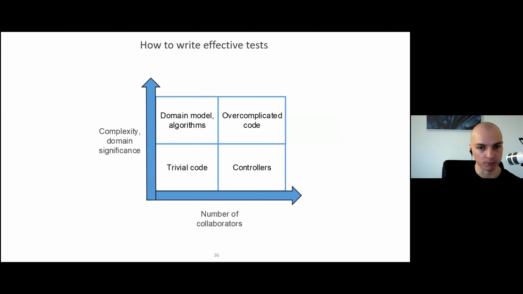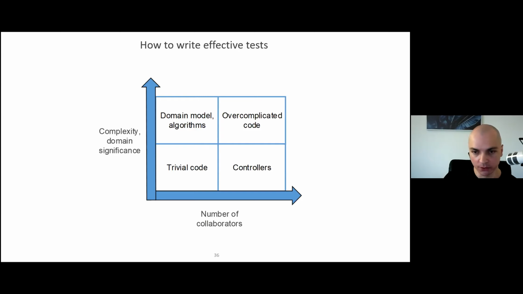They have the most complexity or domain significance, but on the other hand, they have few collaborators. Ideally, they shouldn't have those collaborators at all. On the bottom left, we have trivial code, and that's code that is simple, for example, one-line properties or constructors that don't do anything other than assigning some arguments to internal fields of the class.